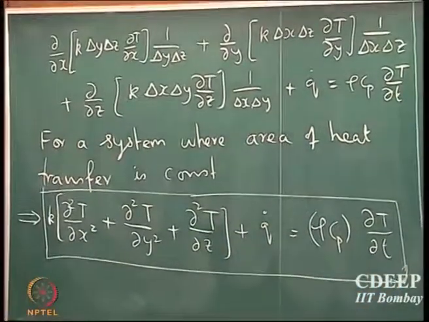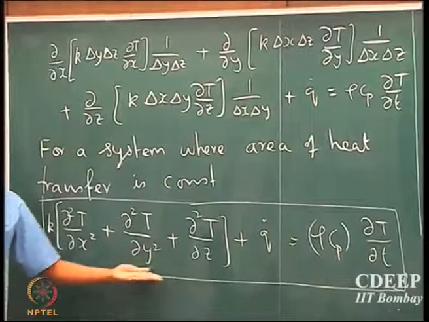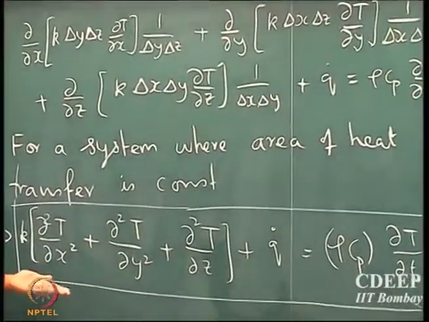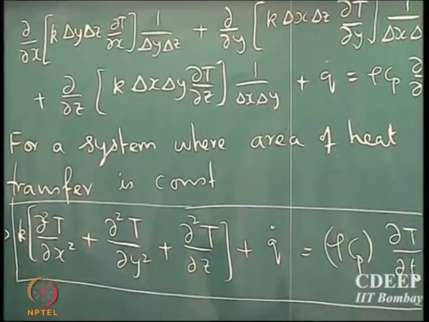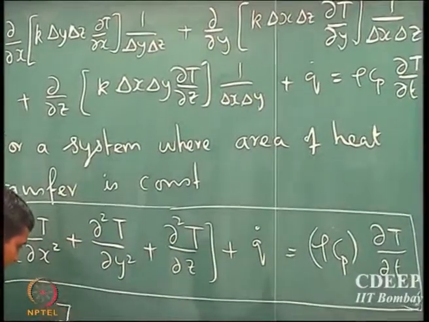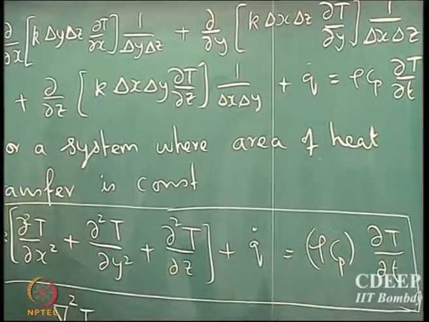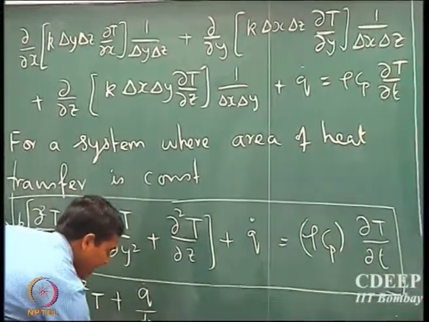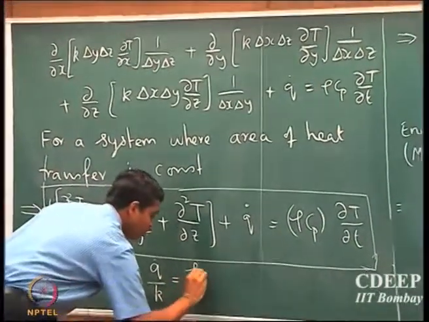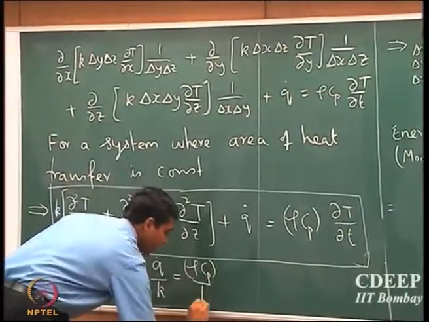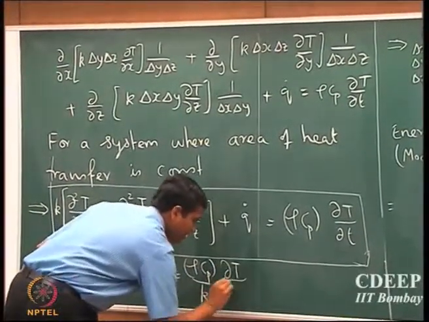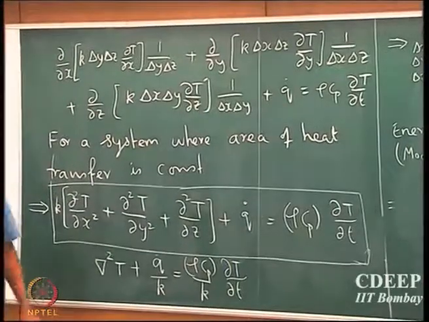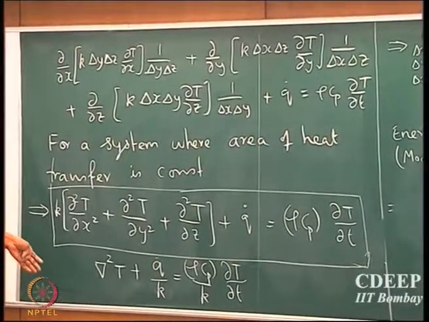What is this term in the bracket called classically? It's called the Laplacian. So one could rewrite this expression as del square T plus q dot divided by k equal to rho Cp divided by k into dou T by dou t. It's just a cute way of writing the energy balance.